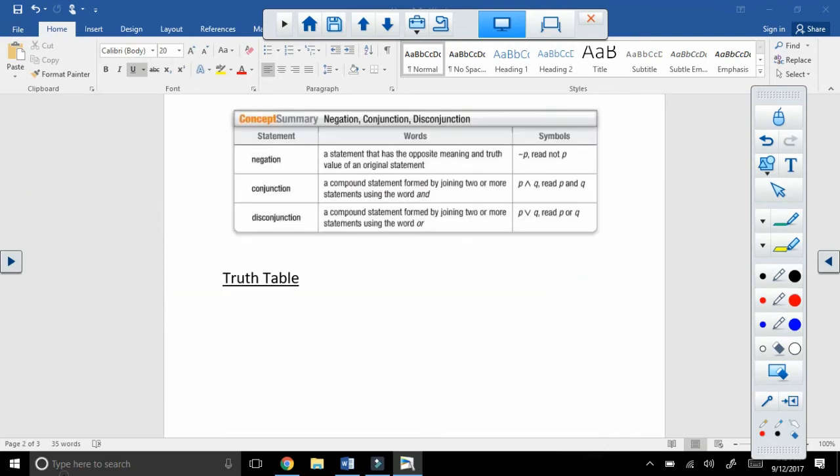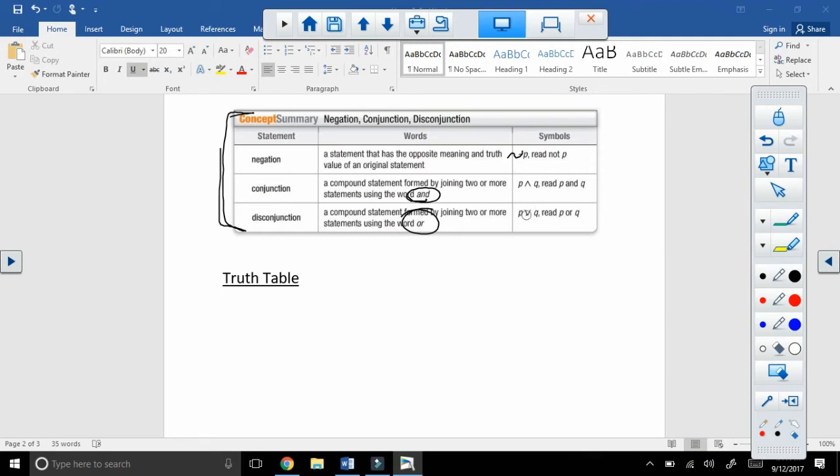I've put this chart on here. This is just kind of a summary. This is directly out of your book. If you would like to have this stuff kind of written out better, if you want to copy that into your notes, feel free. But I'll just kind of leave it at that. Remember, negation has the opposite value, and it's the squiggle mark, and it's read as not P. A conjunction, when you use the word and, has that symbol that kind of looks like an A, and you read it P and Q. And a disjunction would be that word or.